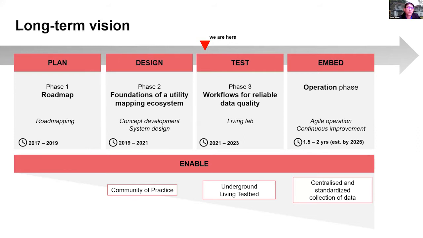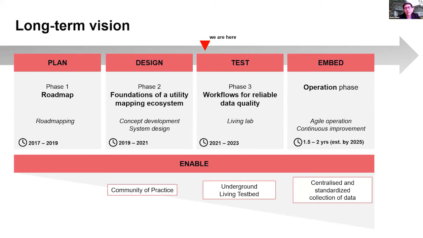First phase, which we have completed, phase 1, we call it the roadmap phase, where we look at the current situation, find out what's the problem, create a roadmap. I'll go into the detail later on. Second phase is really to do a bit more than the roadmap, look into the foundation of a utility mapping ecosystem, what is required, and propose those components.